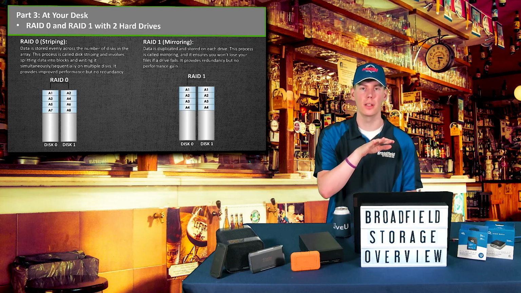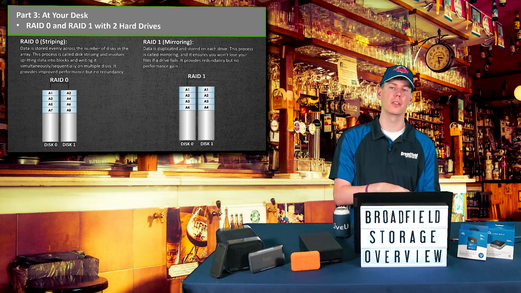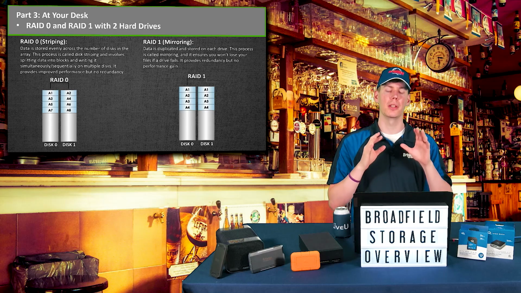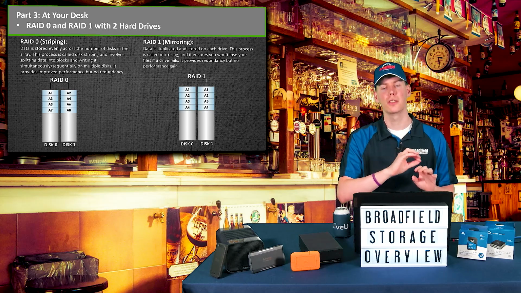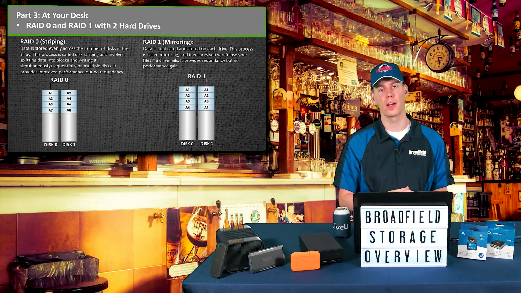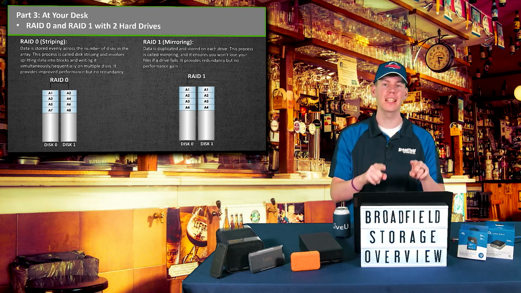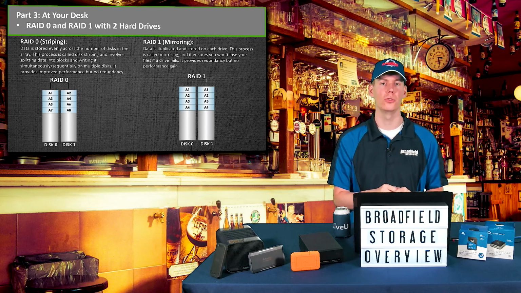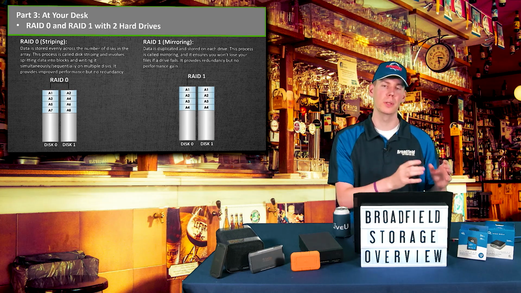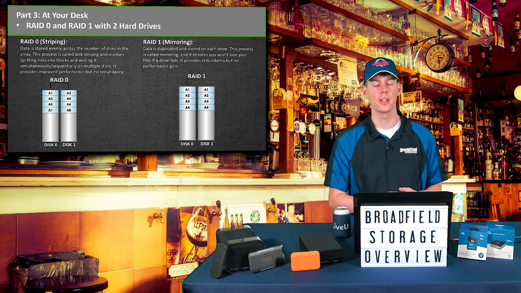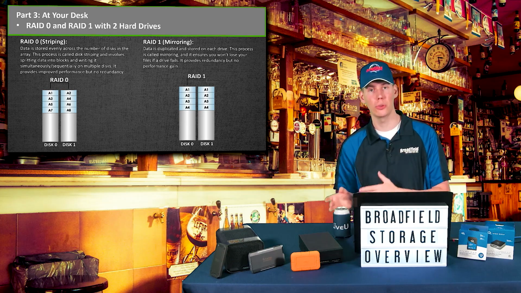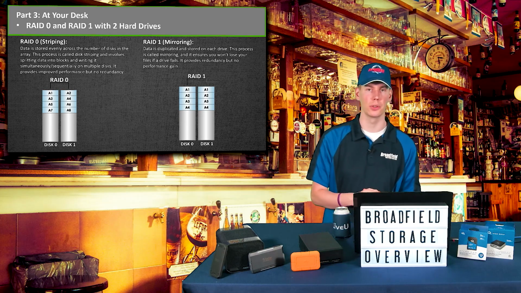So again, even though a spinning disk drive is slower, because you're using a faster cable, you can use one cable to send that data to two different drives at the same time, splitting the information across the two drives. So you're going to increase your read and write speed, but you will have no redundancies in place, which can be good if you want to edit off of a RAID 0 system.